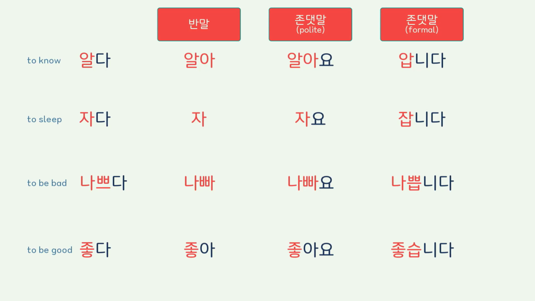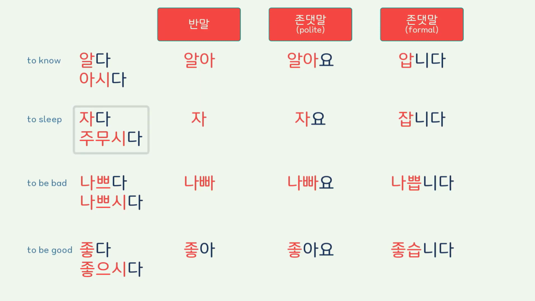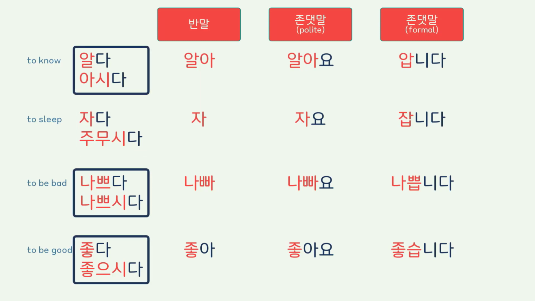However, as mentioned in the previous lecture, as well as these forms, we also have another form of 존댓말, and this is the honorific form. And here are the honorific forms of these verbs. Again, as we learned before, some verbs have a completely different honorific verb, such as 자다 and 주무시다, but many verbs can be conjugated into honorific forms, and these are made by adding either 시 or 으시.